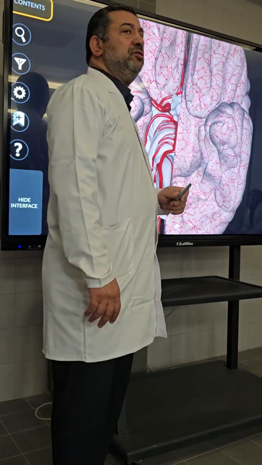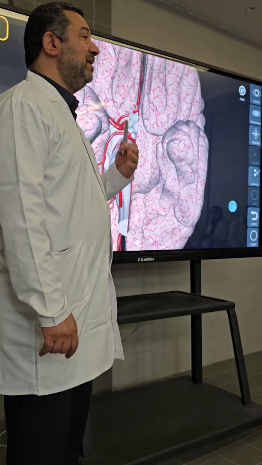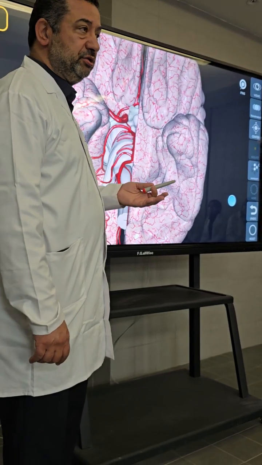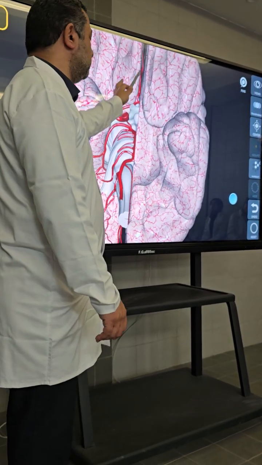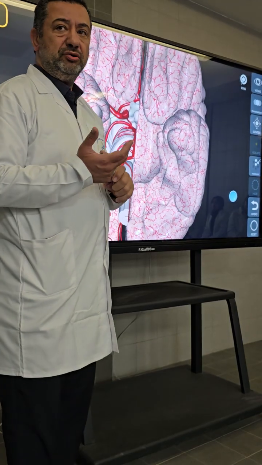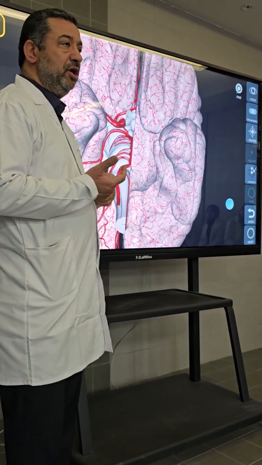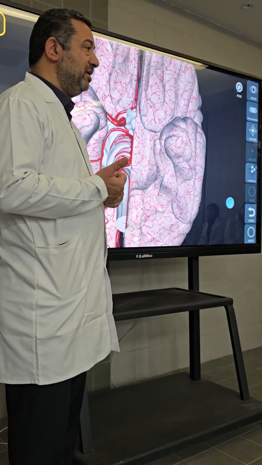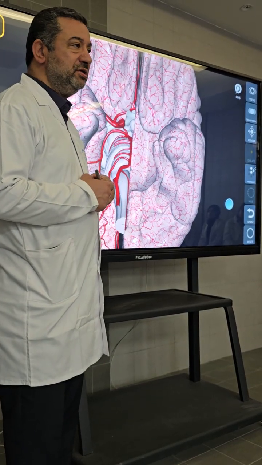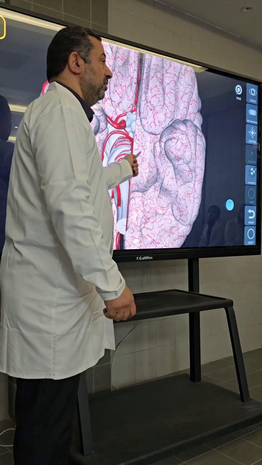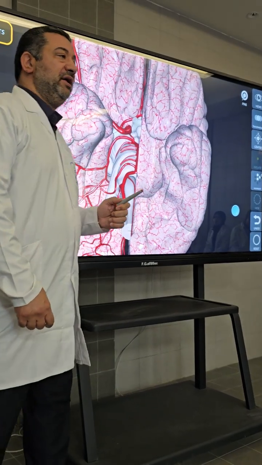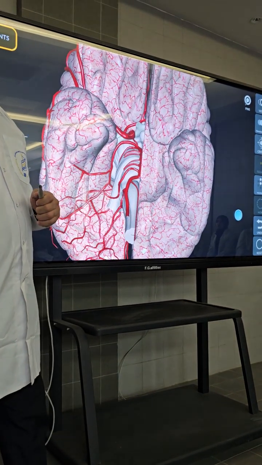Between the two anterior cerebral arteries, there is the anterior communicating artery. And these arteries together, internal carotid, anterior cerebral, anterior communicating, posterior communicating, and posterior cerebral arteries, make the greater circulus of arteries.